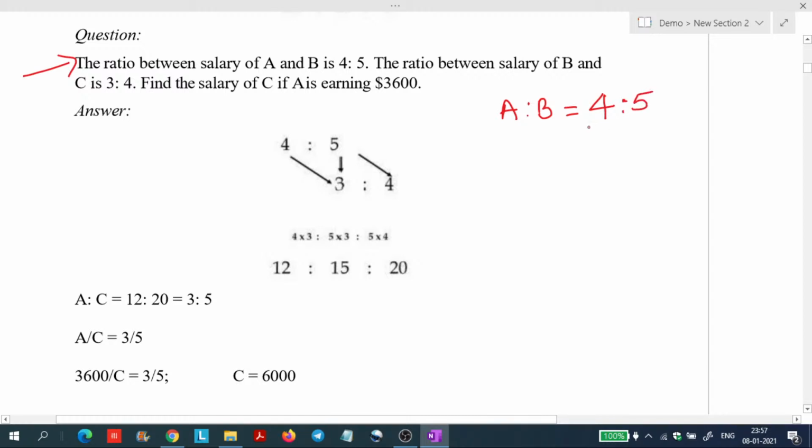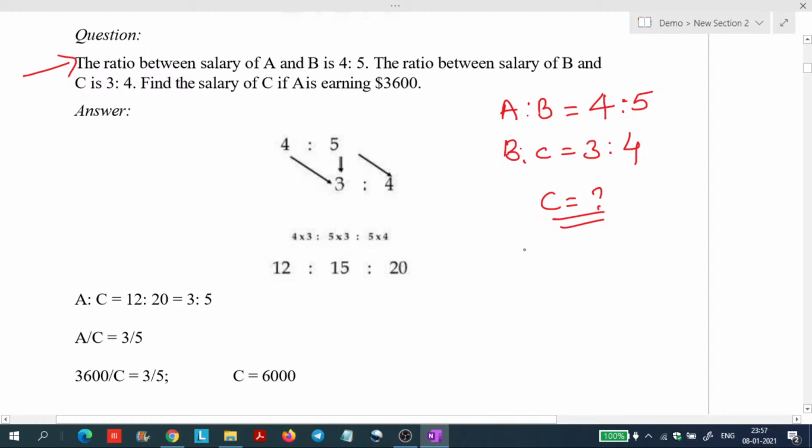The ratio between the salary of B and C is given as 3:4. So find the salary of C if A is earning 3,600.